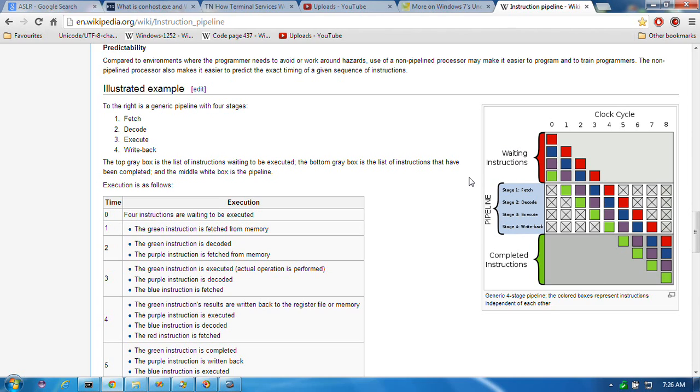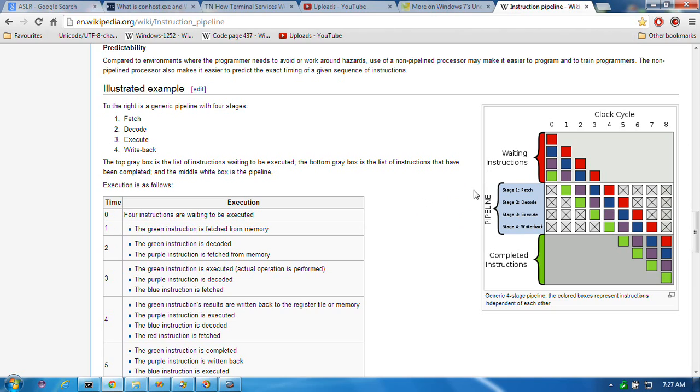Now, when all the instructions are only four, let's say 4 bytes long, 4 opcodes, let's say, then a four-stage pipeline could be used to do them simultaneously.